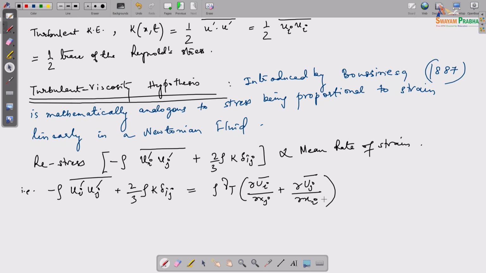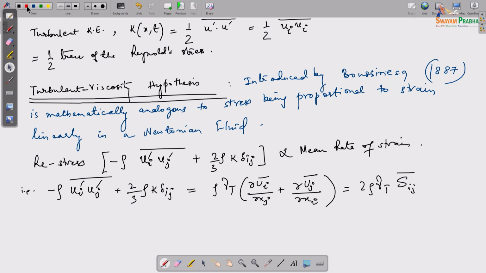If you see this, this is actually equal to 2 rho nu t, and this is something that we can represent as S. We have seen that, that's the rate of strain.